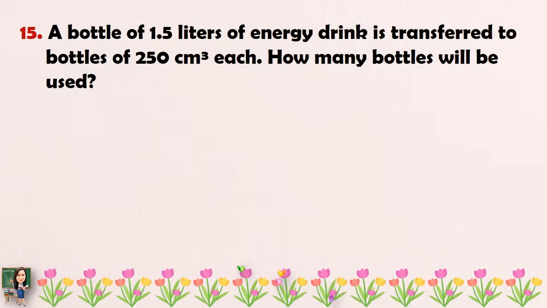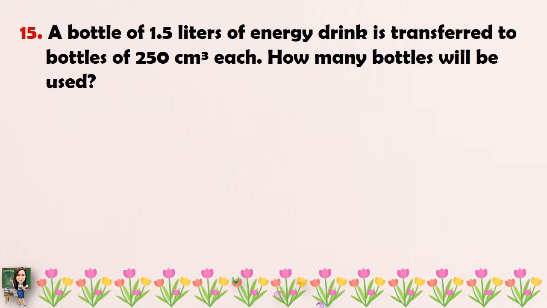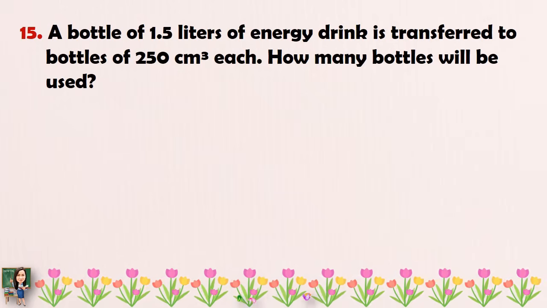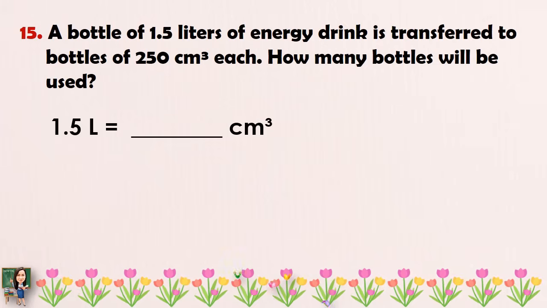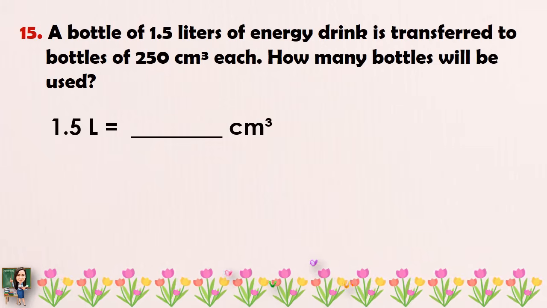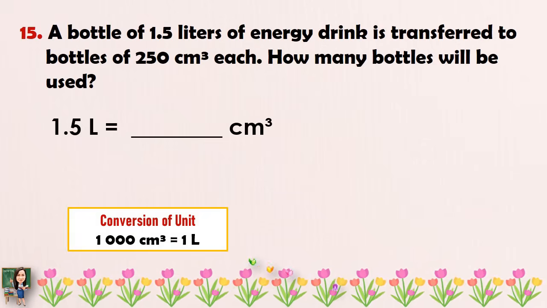And number 15, a bottle of 1.5 liters of energy drink is transferred to bottles of 250 cubic centimeter each. How many bottles will be used? 1.5 liter is equivalent to how many cubic centimeter? In every 1,000 cubic centimeter, there is 1 liter.